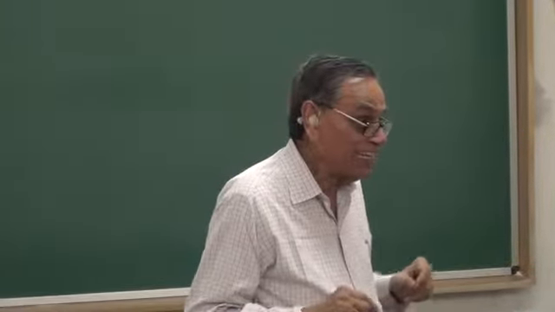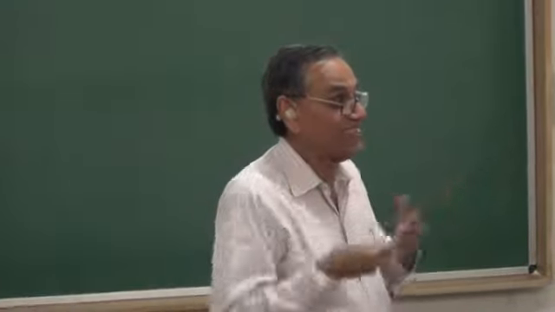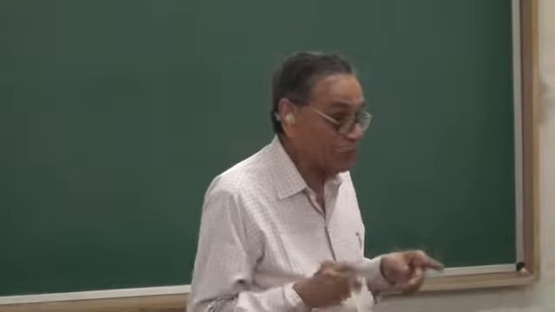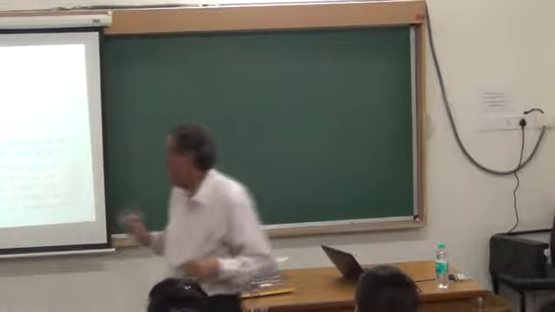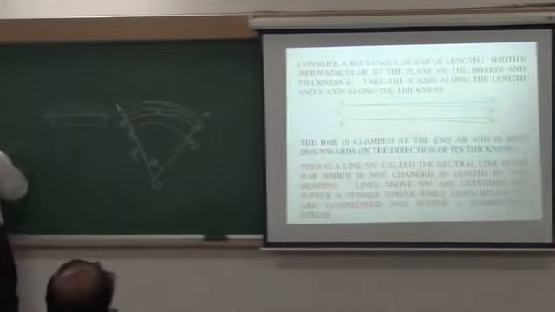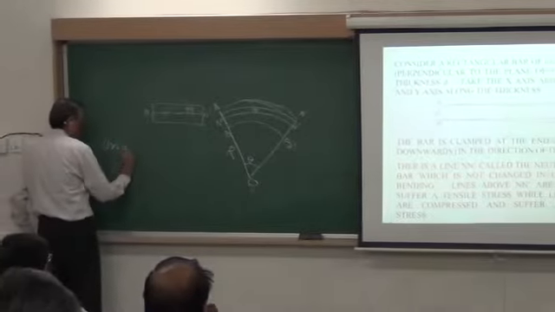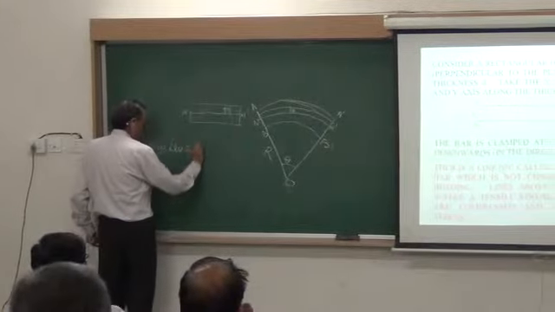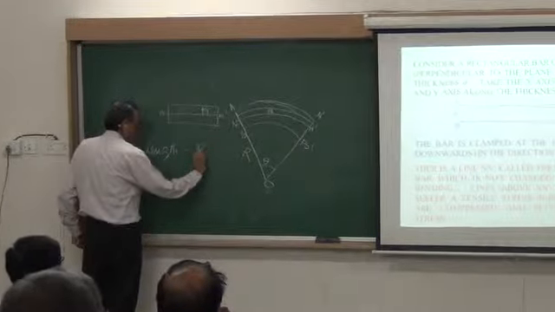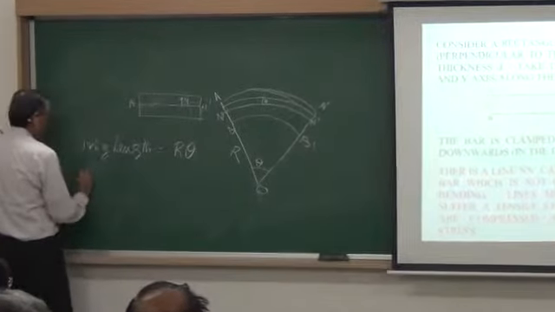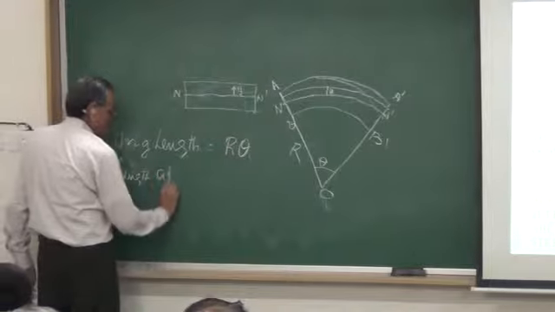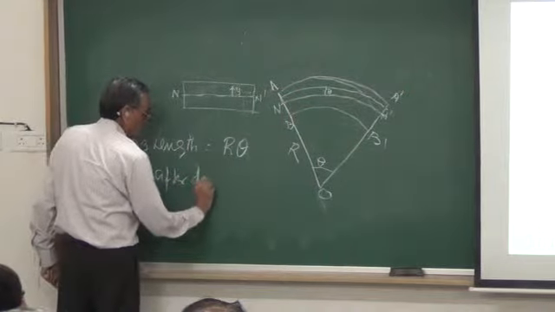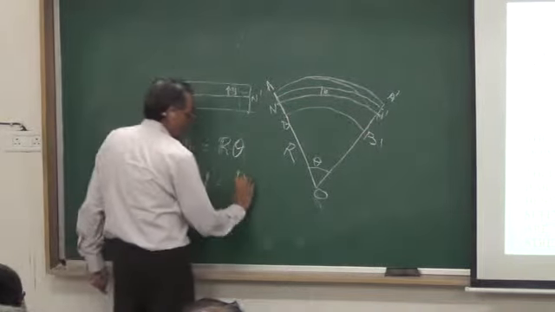What was the original length when it was rectangular? Same as N N dash. So the original length is r theta. The new length is (r plus y) into theta. So the original length, and the length after deformation is (r plus y) theta.